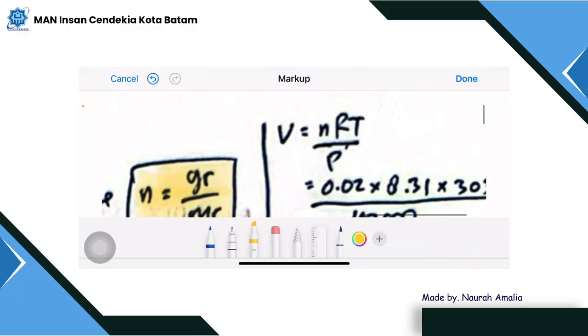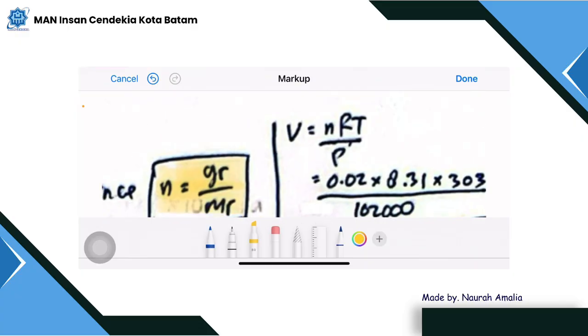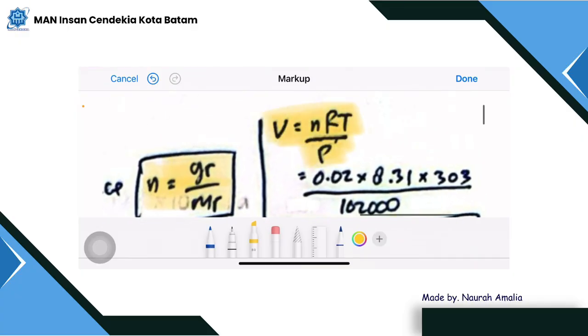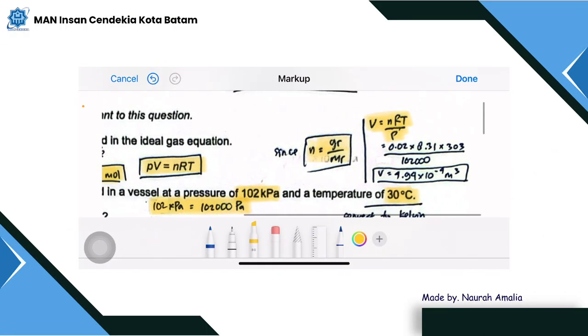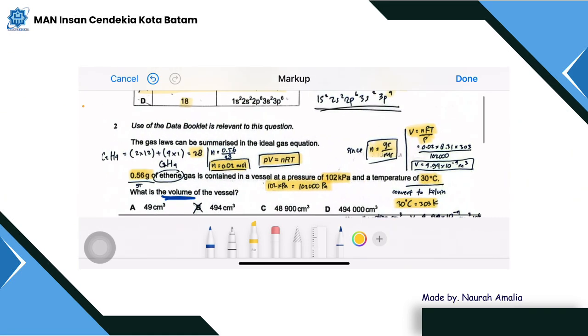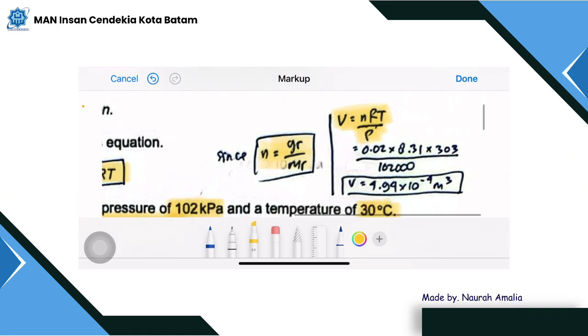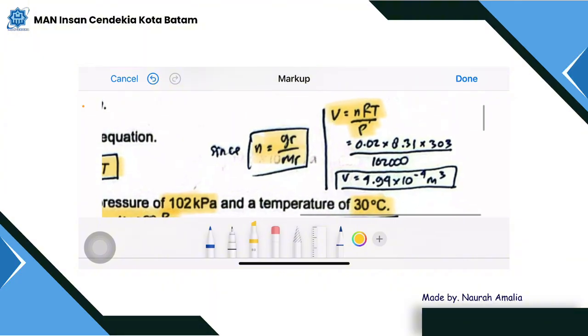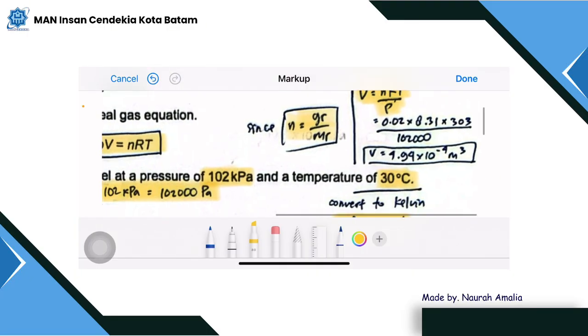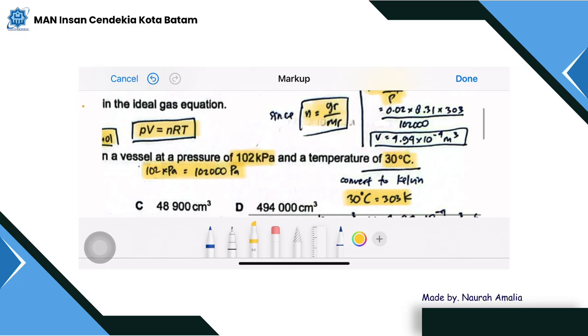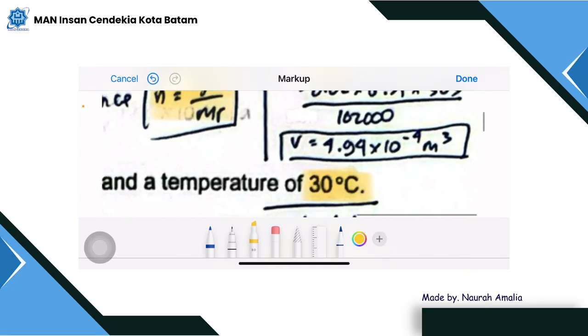This is the final formula, and then we input the data we have. Mole equals 0.02, for the R is 8.31, and temperature is 303 K divided by the Pa.